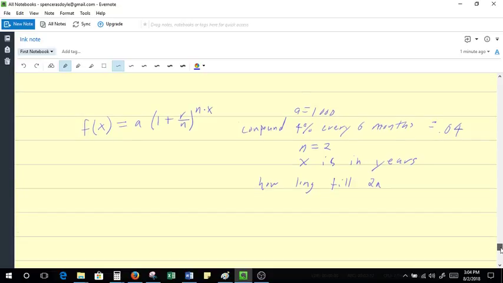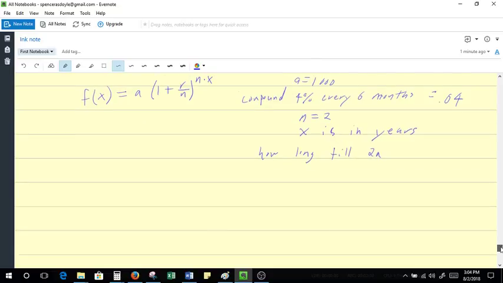So if we go on to compound interest, this is essentially the same formula. What we're doing is accounting for compounding over a certain interval of time that may be different than the time frame that we're actually looking at for x. So in this case we have a $1,000 initial investment, and they are compounding interest at 4% every 6 months.